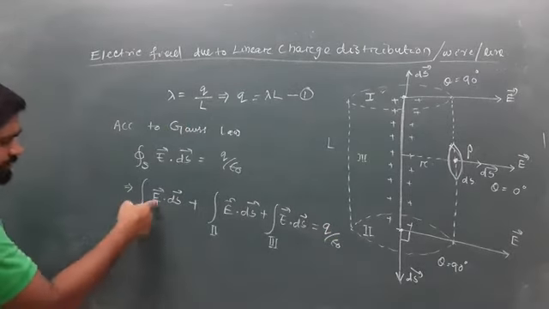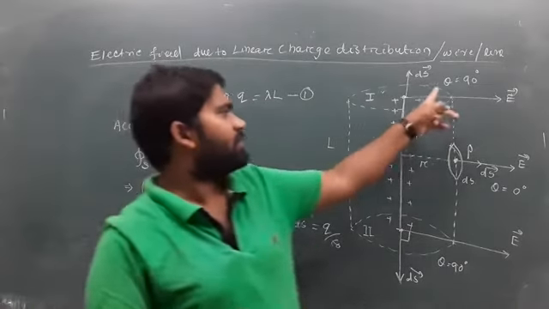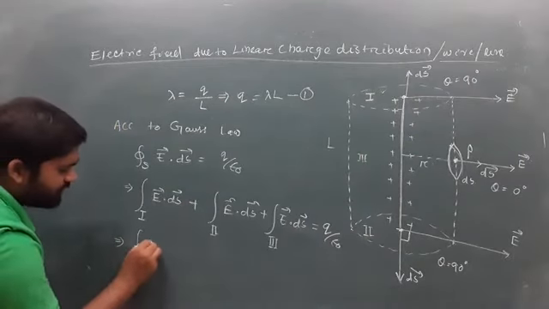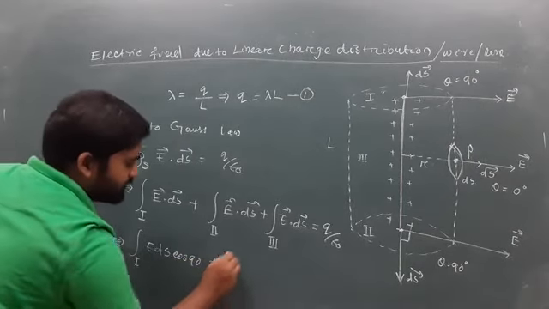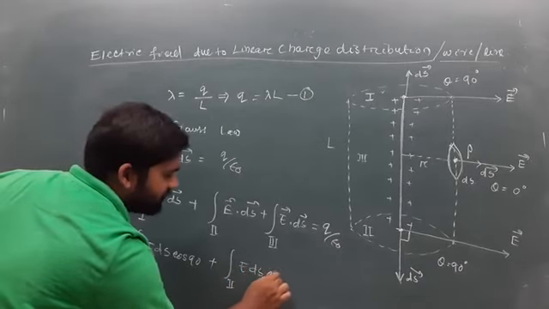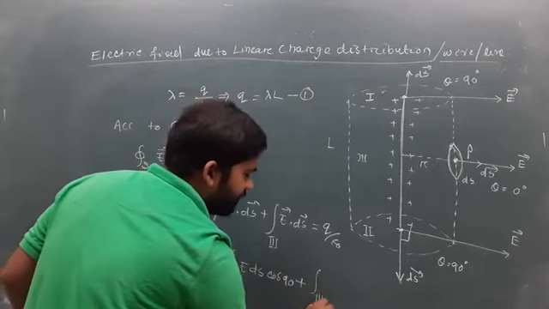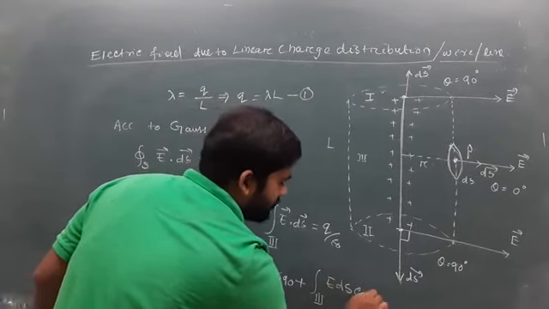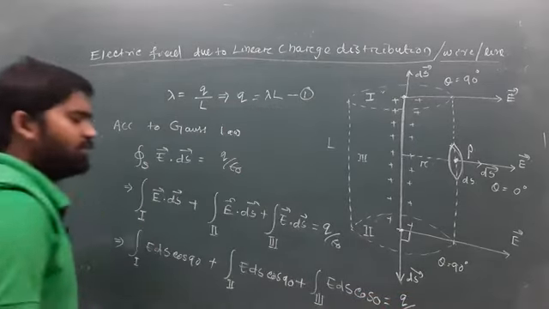For region 1 the angle is theta equals 90, so the integral over region 1 is E dS cos 90, plus for region 2 E dS cos 90, and for region 3, E dS cos 0, equal to Q by epsilon naught.